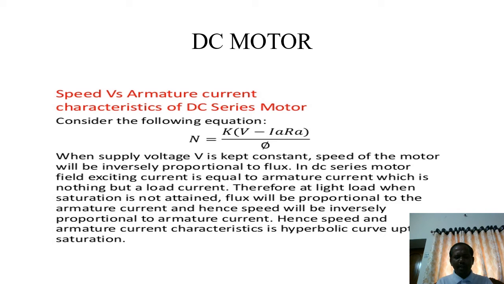When supply voltage V is kept constant, the speed of the motor will be inversely proportional to the flux. In a DC series motor, the field exciting current is equal to the armature current, which is nothing but the load current.